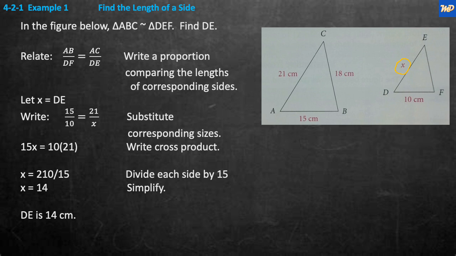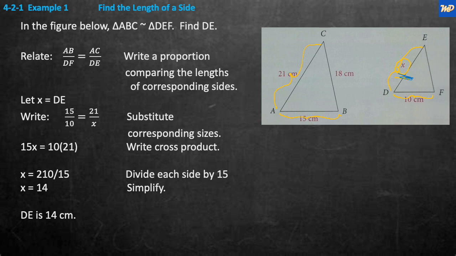So we relate AB is to DF, and you can see these are similar sides, as AC is to DE. And DE is the X that we're looking for right here. We're going to let X be the DE length.